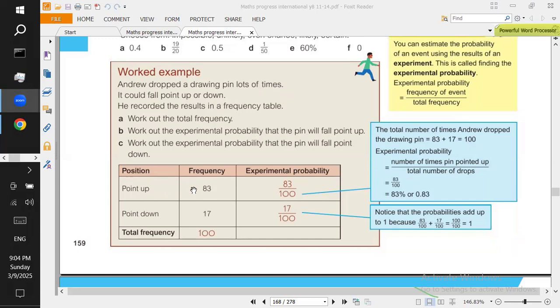It fell point up 83 times and point down 17 times. So the total frequencies, we add them together, we get 100. And for the experimental probability, we divide the frequency of each one over the total. So this one's going to be 83 over 100 and 17 over 100. This is the experimental probability of point up and the experimental probability of point down.